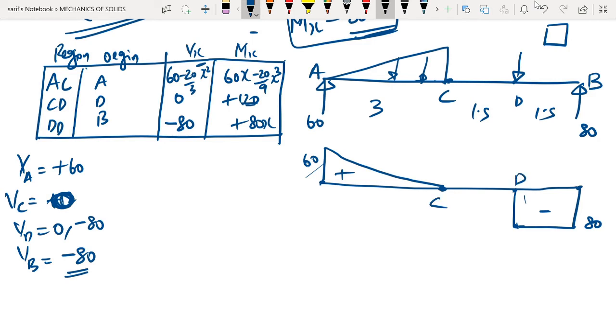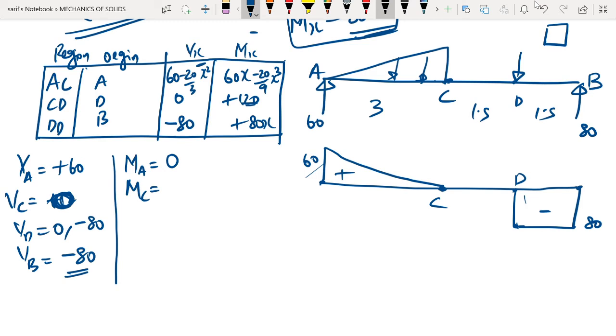Now let us try to draw the bending moment diagram. To draw the bending moment diagram, again we require the value of bending moment at the salient points. First let us start with the point MA. To get the bending moment at MA, we can use this expression and substitute x is equal to 0. We will get it as 0. Next we require the bending moment at the point C. Since there are no concentrated moments, the value of bending moment is going to be a unique value at each point, so we can take it from any of the two regions.